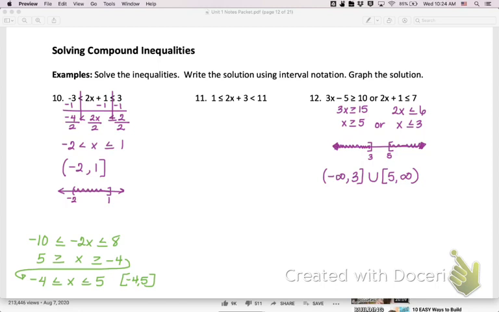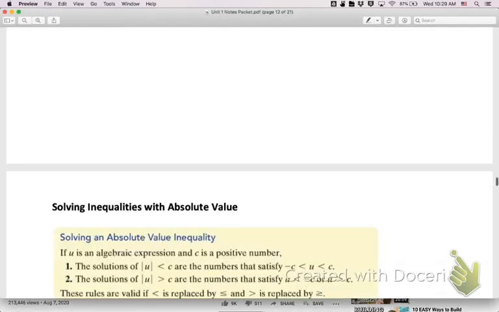We can't do anything with it from there because they don't overlap anywhere, but that union essentially implies that this is all one set of solutions. So that's how you will write your or inequalities, okay? Now, the compound inequalities are important because they translate to absolute value.